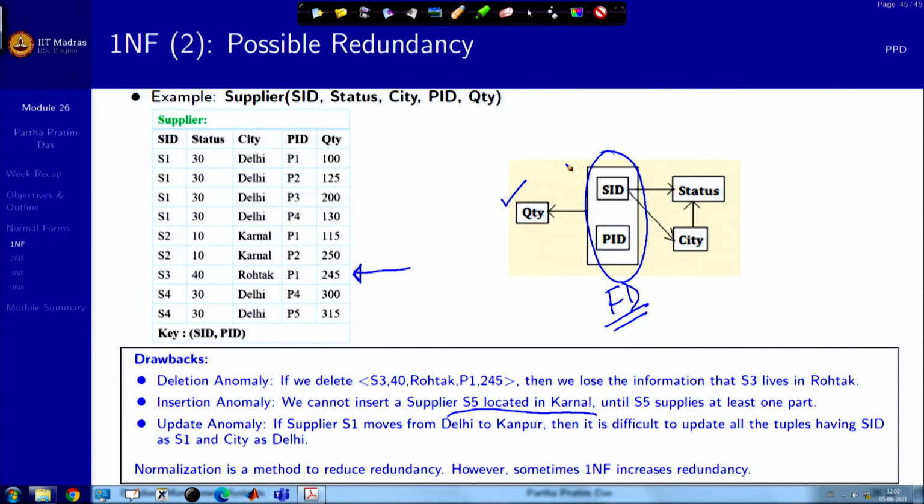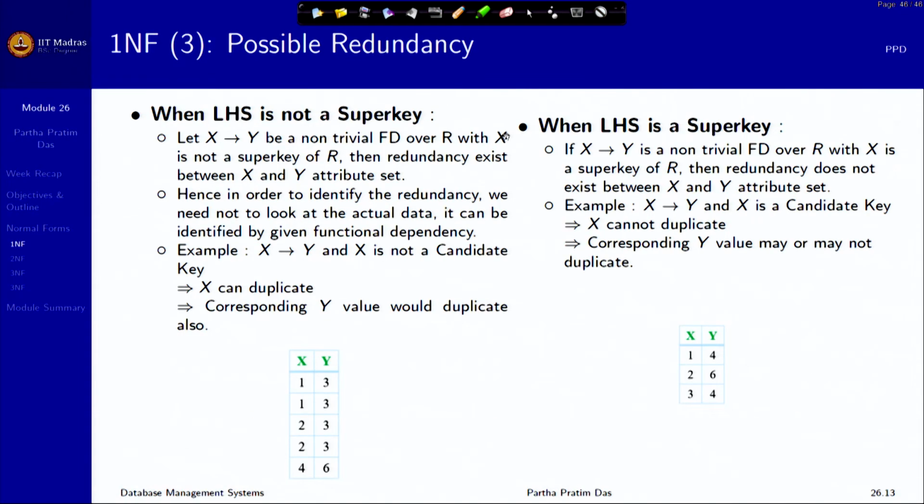If a supplier S1 moves from Delhi to Kanpur, then it is difficult because there are already 4 instances, there could be more. You have to remember to change each one of them, update anomaly. So, these are the things which tell us that 1NF is not enough. Just having atomic values is not enough for this.